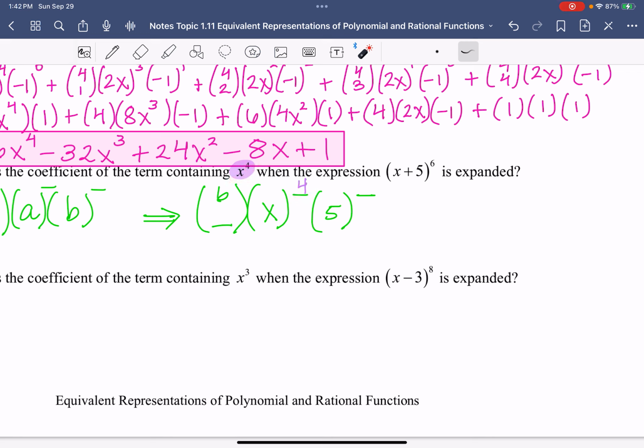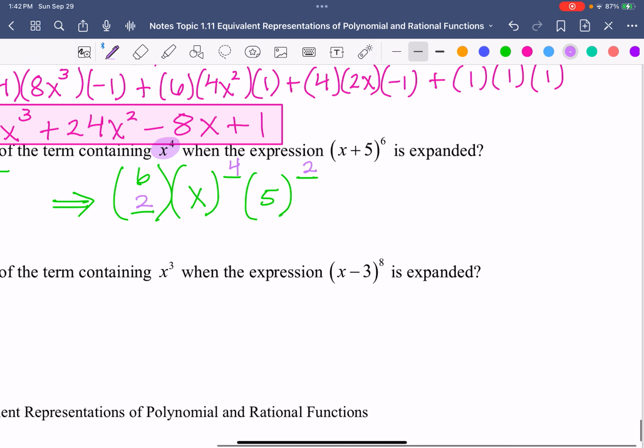There is no other way I'm going to get x to the power of 4 unless I do that. If the question was x cubed, then I would make this x cubed. Okay? And then remember that these two always add up to 6. So the other option for the last blank is for it to be 2. And then remember that this one and that one are always the same, so this one also has to be 2.